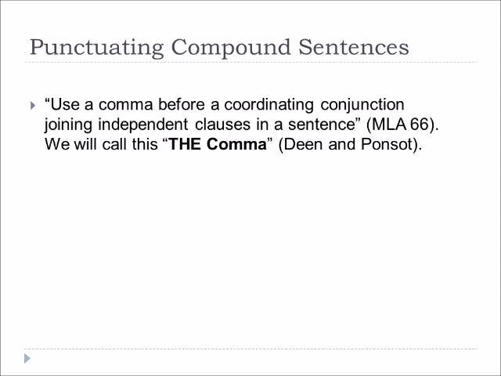Rosemary Dean and Marie Ponsat have written a book called The Common Sense, and they talk about this comma rule being the comma. This is the most important comma rule. We use a comma before a coordinating conjunction joining independent clauses in a sentence. In the Modern Language Association Handbook, this is comma rule number 1.